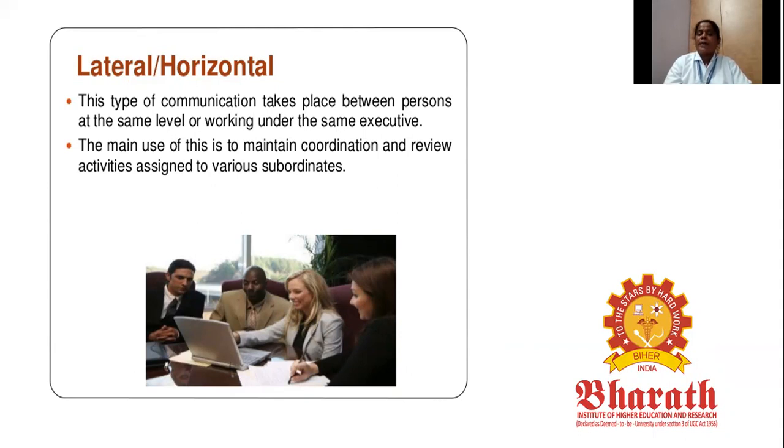Its main use is to maintain coordination, review activity and assign work to the various subordinates. So teamwork is split up within the same department; a project is divided and the work split, so it is easily completed within the particular hours.